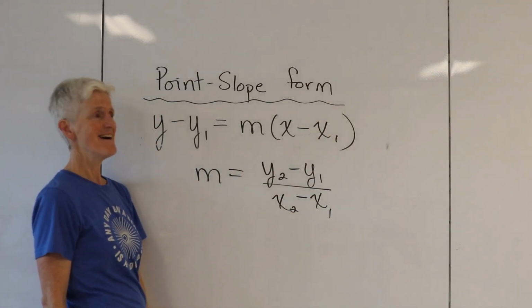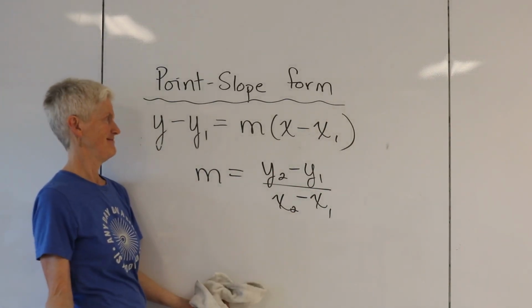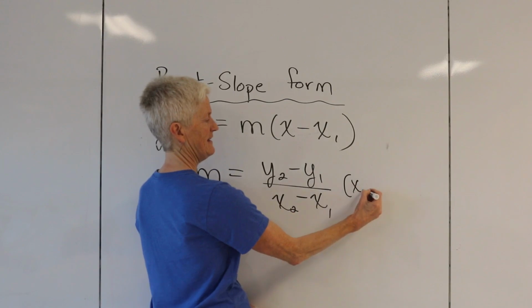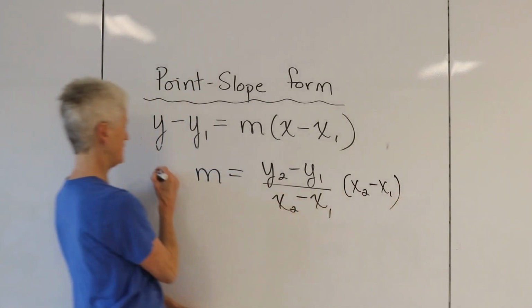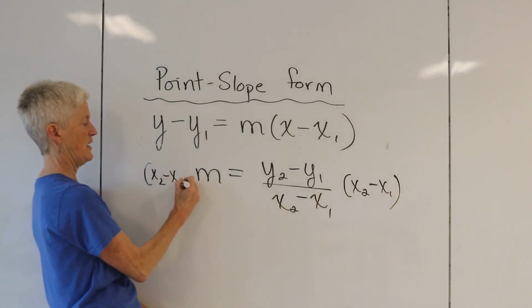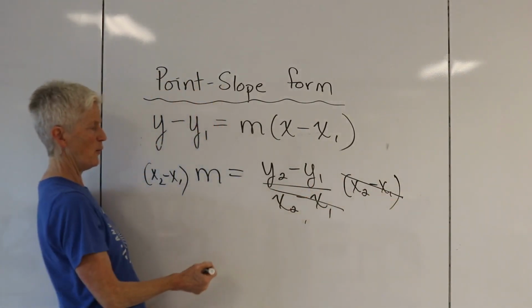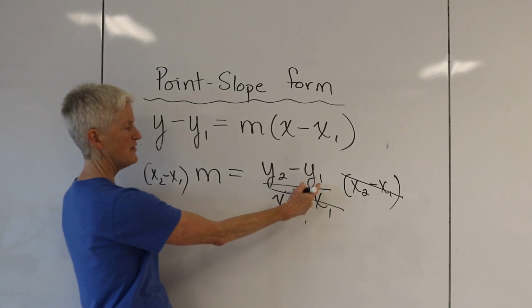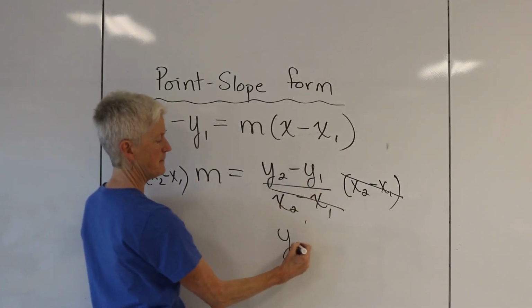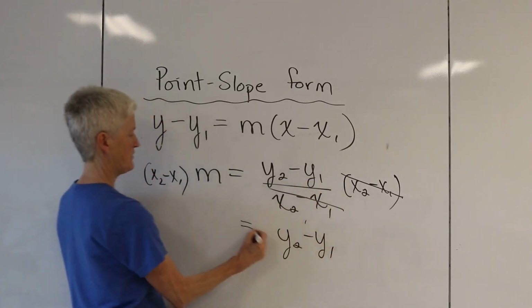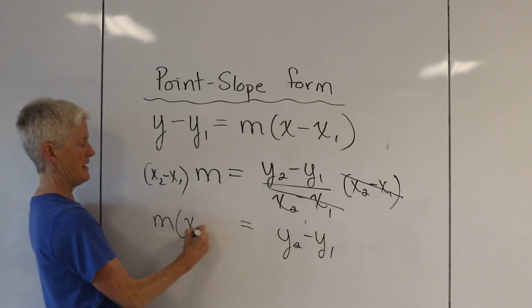Sure, I think you multiply both sides by the denominator there. Yes, which is legal to do. Multiply both sides of the equation by the same thing. By multiplying and dividing, those become a 1. I'm left with y2 minus y1 equals the slope, which I'll just put in the front.